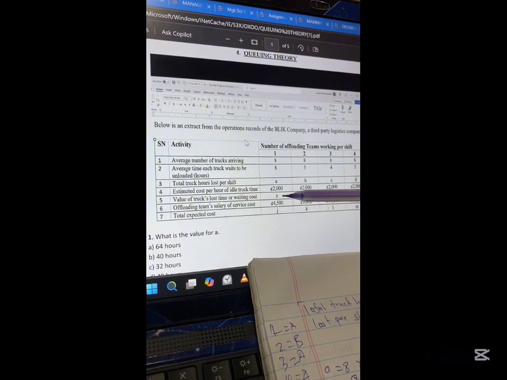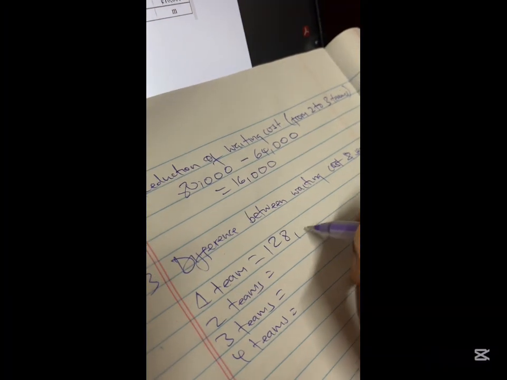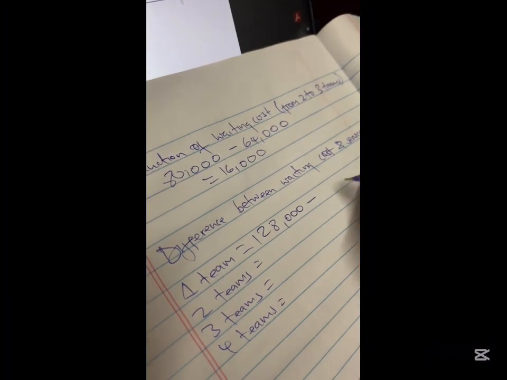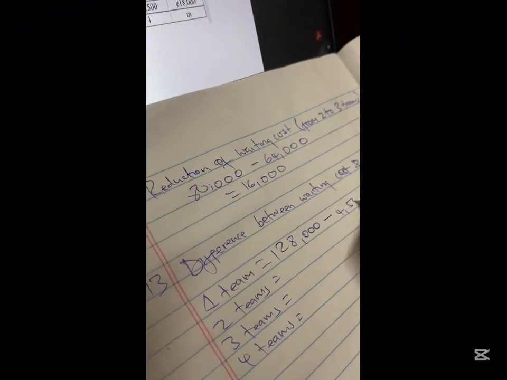We want to know the difference between E and 4,500, and we established that the value of E is 128,000. So the difference will be 128,000 minus the service cost, which is 4,500.